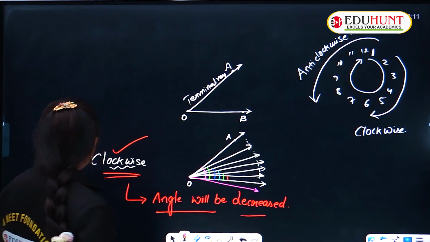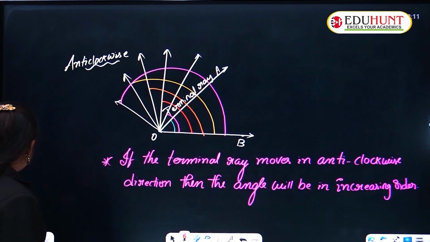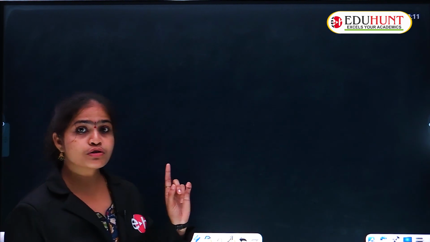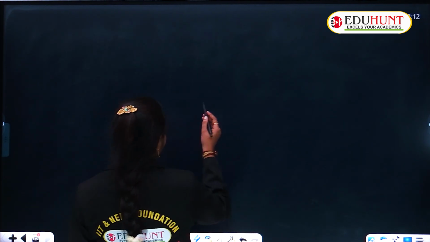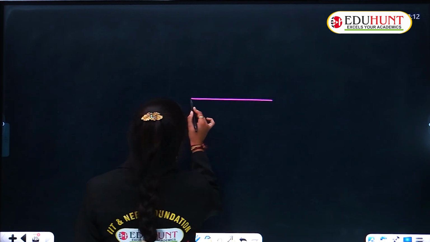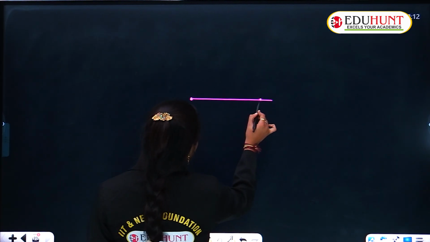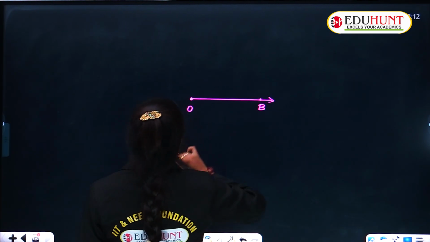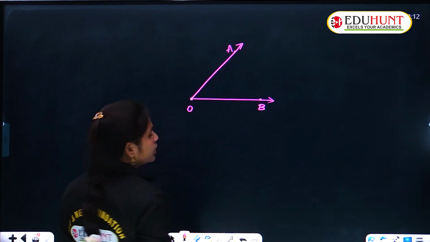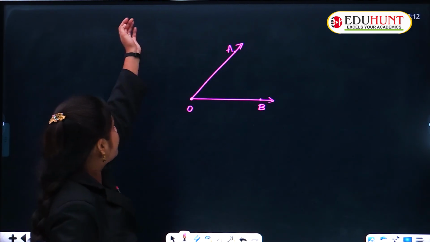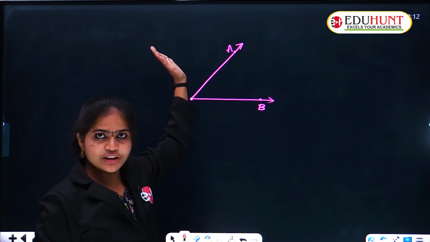Then we will get a positive angle. Understood? And in the same way here, two angles are also given. See here, those two rays. This is ray OB, the initial ray, and this is the terminal ray. Now, it moves in anti-clockwise direction.